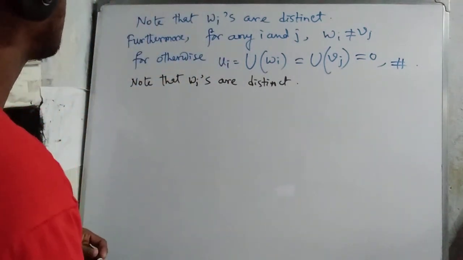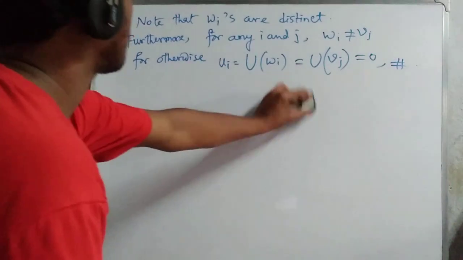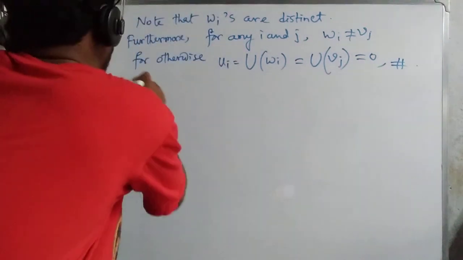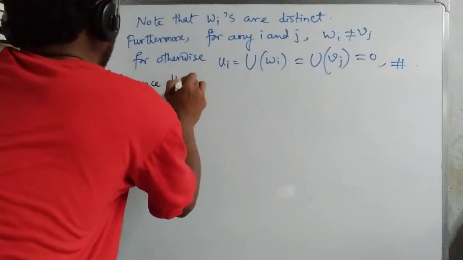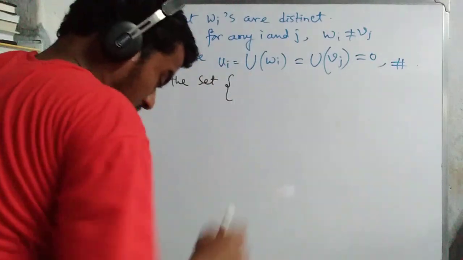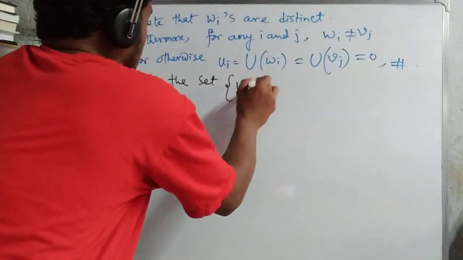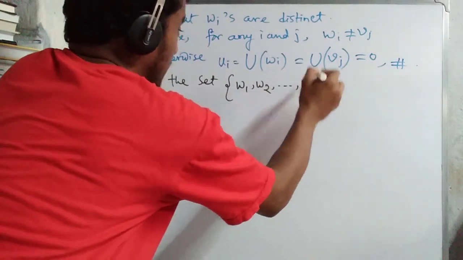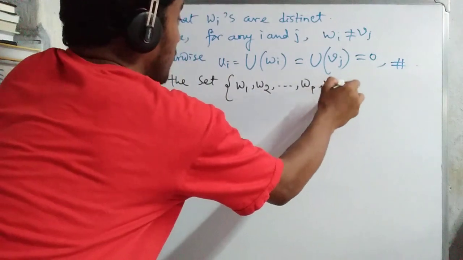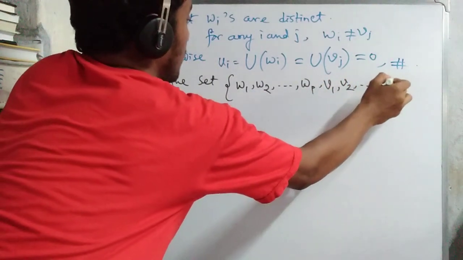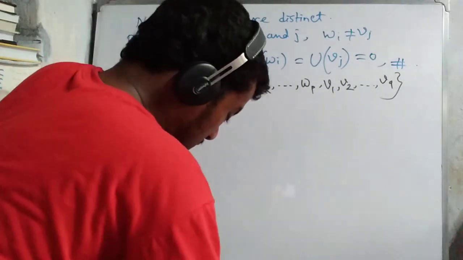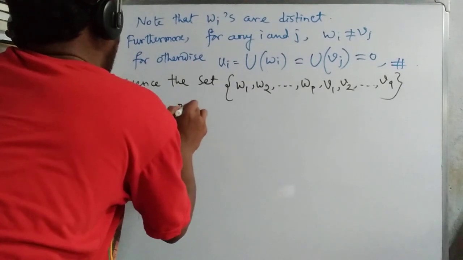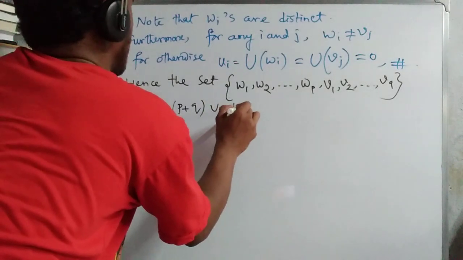Hence the set beta, w1, w2, ..., wp and v1, v2, ..., vq, contains p plus q vectors.